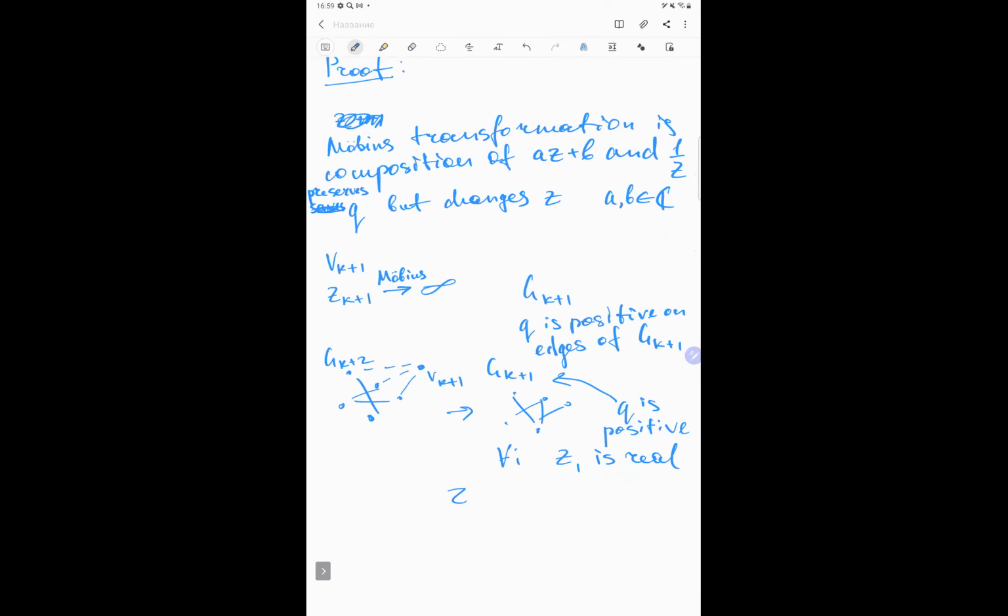We can assume that Q is positive because in our proposition, Q is generic. That means that Q doesn't satisfy any algebraic equation, and we can move values of Q a little bit to get the desirable Q.